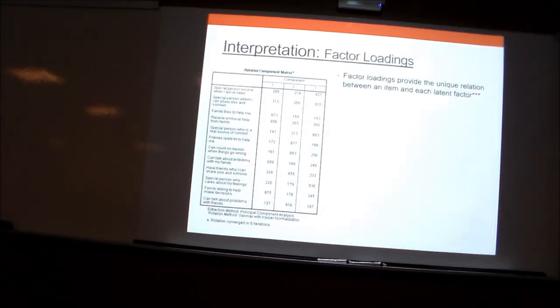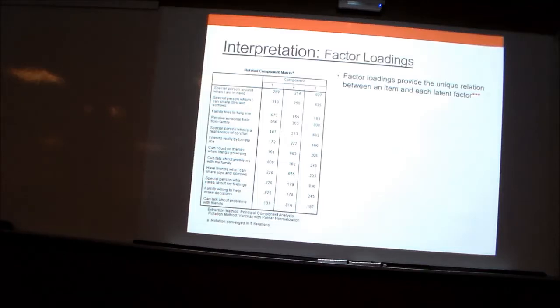So, factor loadings. This is what we're going to go through and take a look at to try and make some reasonable interpretation of our solution. Factor loadings can be interpreted as the unique relation between an item and each latent factor, okay? Again, asterisk, if we're thinking about an orthogonal rotation, this is nice. In an orthogonal rotation, our factor loadings indicate the correlation of the item with the underlying factor.